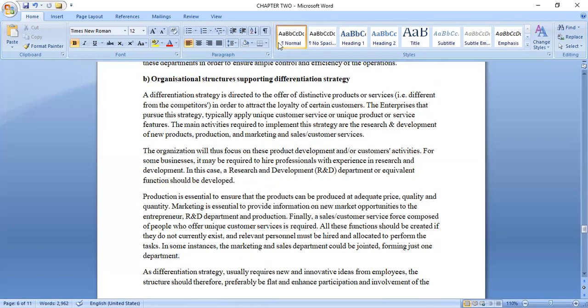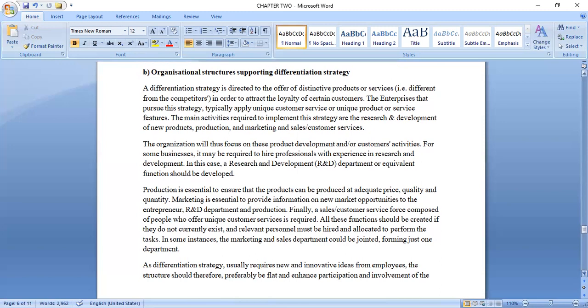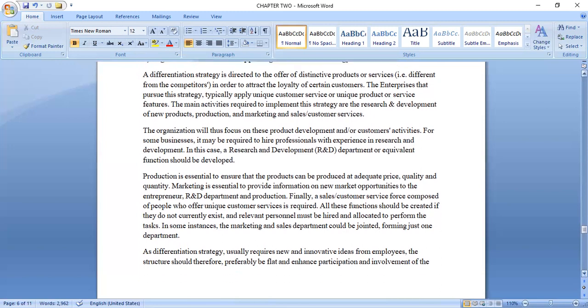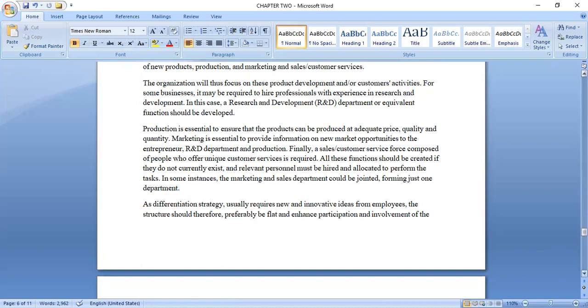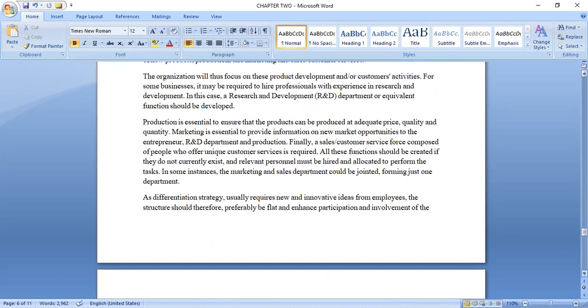I know it looks like a lot, but we know that if it is focusing towards products, then you will be directing towards a product organization structure, which is under divisional organizational structures, right?